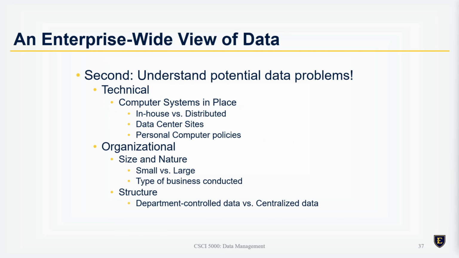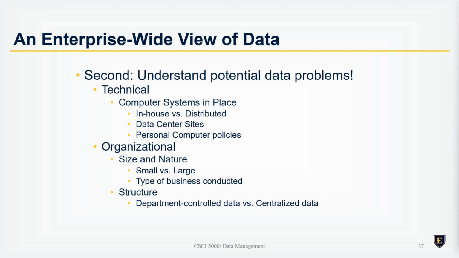The second thing we need to have is an understanding of potential data problems. There are certainly problems with the data itself. That would be a technical problem. The computer systems that we use could be in-house. They could be distributed on cloud servers or things like that. We could have a data center that we collect data in and store it on a particular data center site.